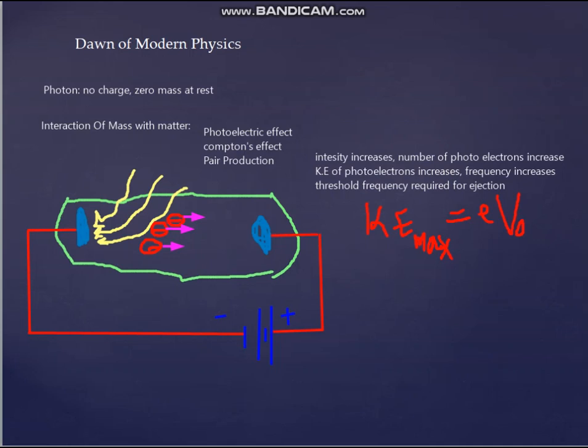And there will be a time when these electrons won't be able to reach the opposite plate, which means no current will be flowing. That voltage will be called the stopping potential: the voltage at which current stops flowing when the polarity is reversed.